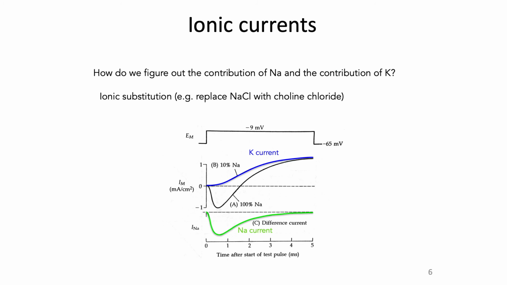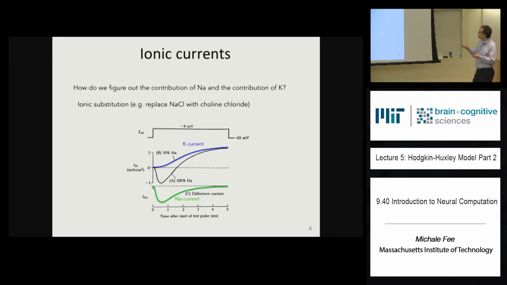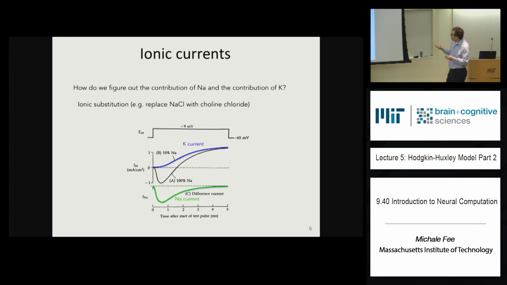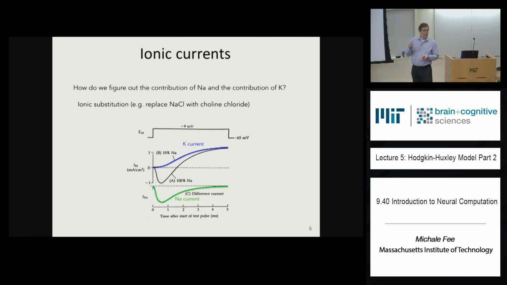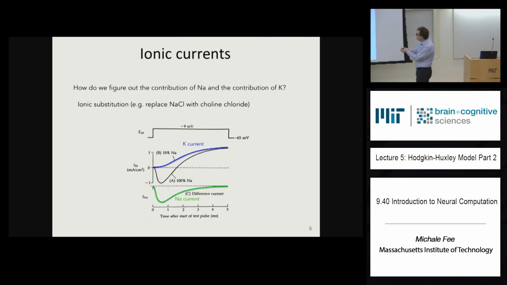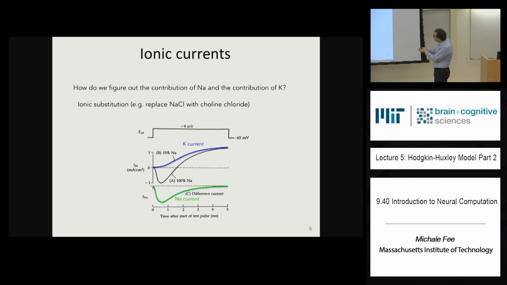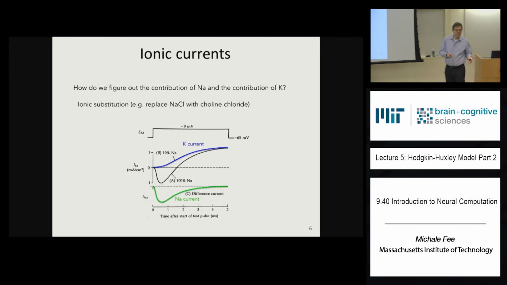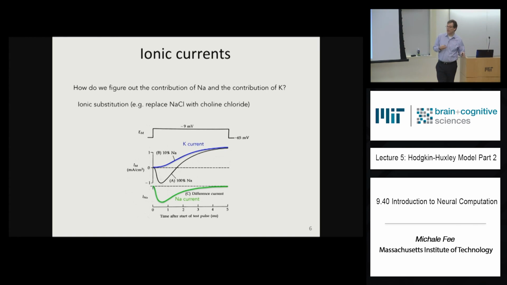Choline has a positive charge and chloride, of course, has a negative charge, so you can replace the sodium chloride with choline chloride. Now when you depolarize your cell, that negative part is gone, and the only current you see is this slowly ramping up positive current. They identified that as being due to potassium ions.